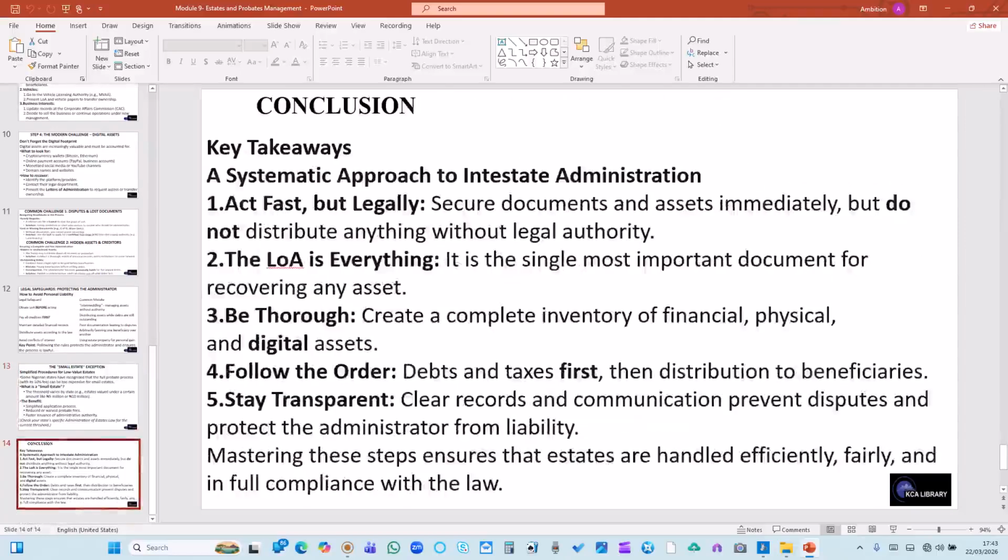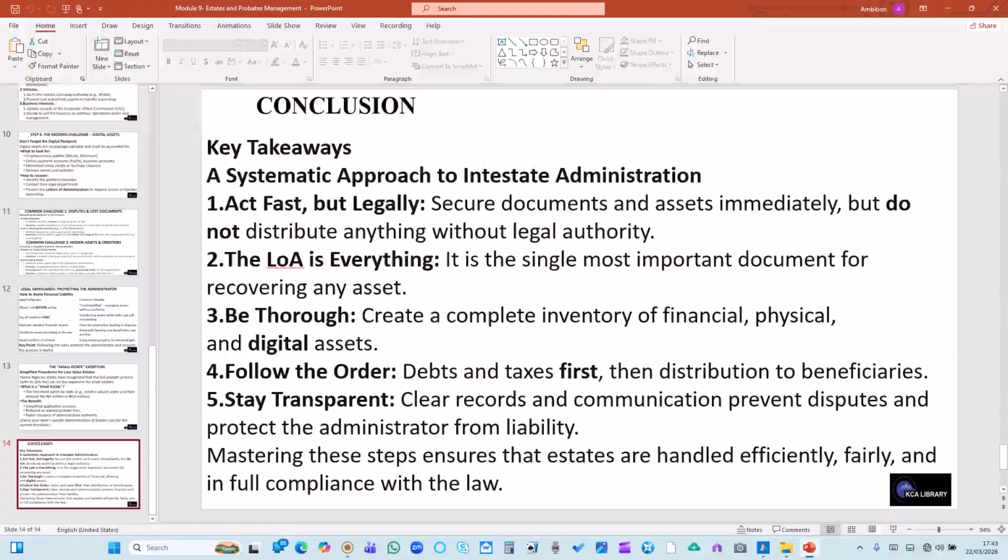In conclusion, the key takeaway here is a systematic approach to intestate administration. One, act fast but legally. Secure documents and assets immediately, but do not distribute anything without legal authority. Two, the letter of administration is everything. It is the single most important document for recovering any asset. Number three, be thorough.